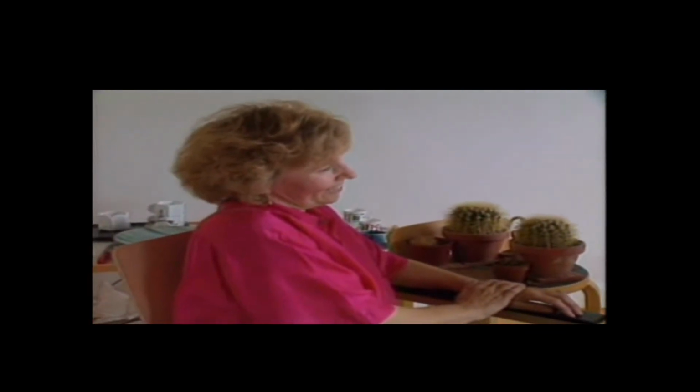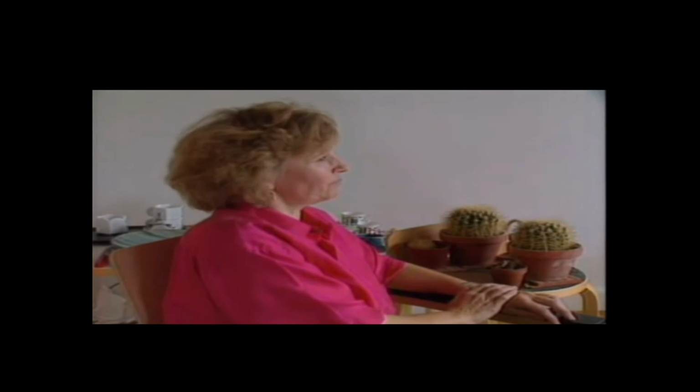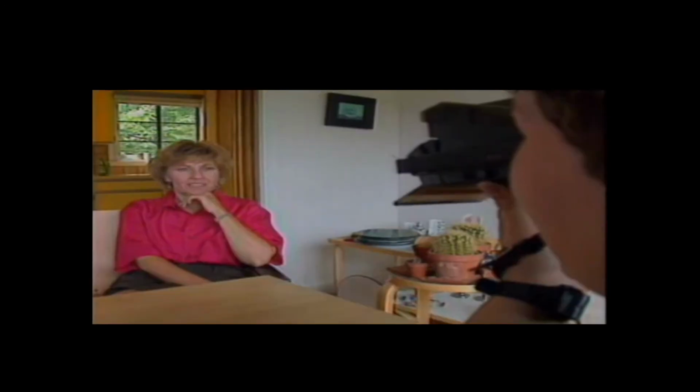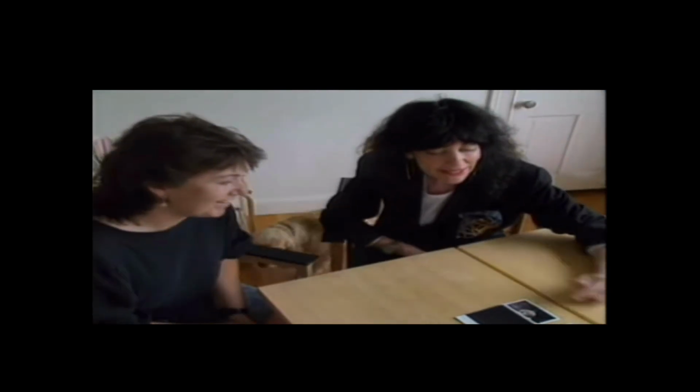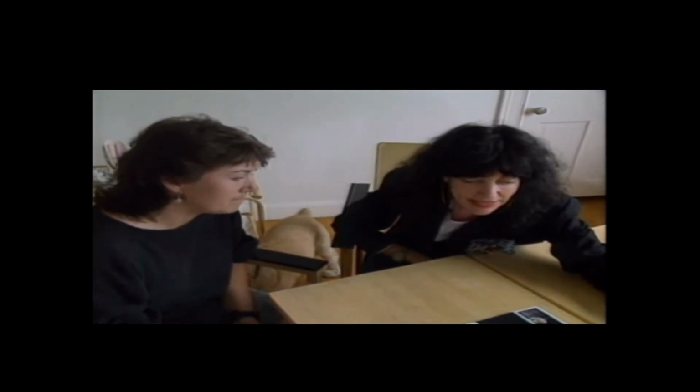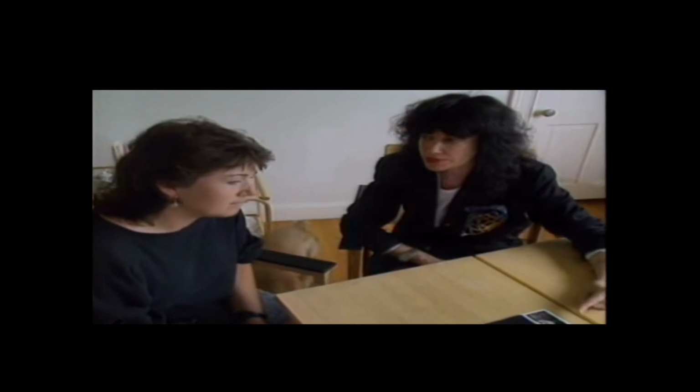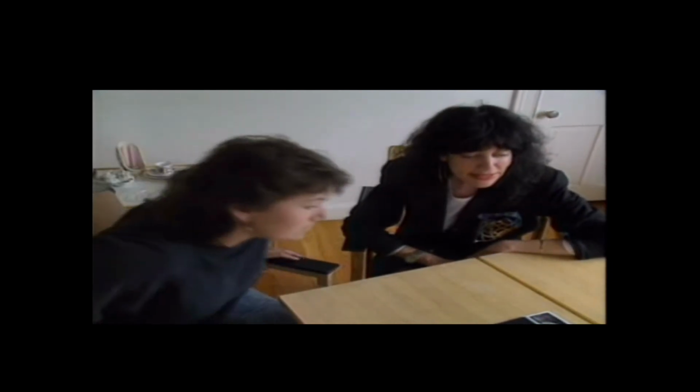In this test, Terry takes a Polaroid picture of her mother. Terry, you just took a picture of your mother. And I want you to take a look at these and see if any of them are the picture you took or not. Now, Massachusetts General Hospital researcher Dr. Nancy Etcoff shows Terry several Polaroids with only faces showing and asks Terry to pick out her mother.